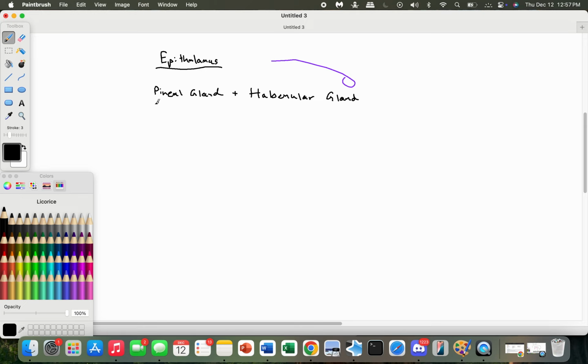So let's go a little bit more in depth on the pineal gland. As I'm sure you guys are aware, it's involved in the sleep-wake cycles. Generally, I would say that's pretty much all you need to know, and you probably should know that this is a function of melatonin. But I'm going to go a little bit in depth here.